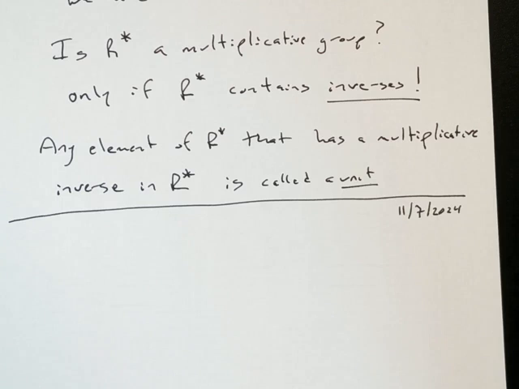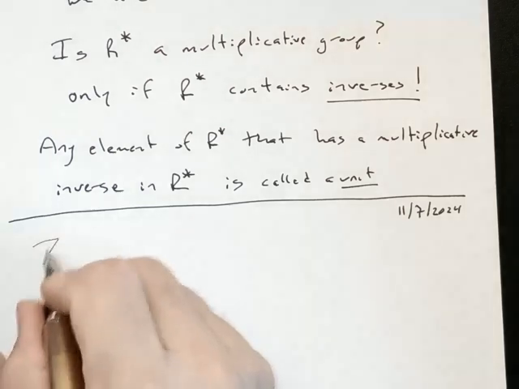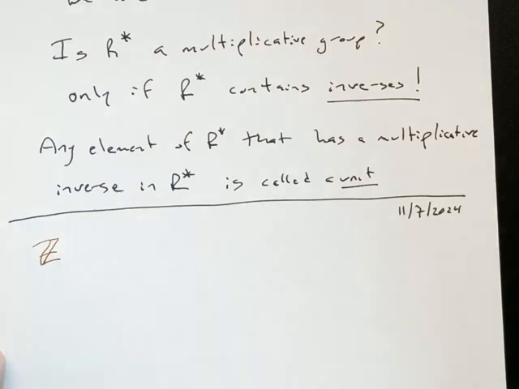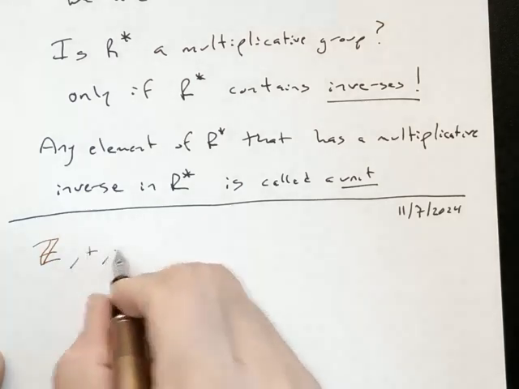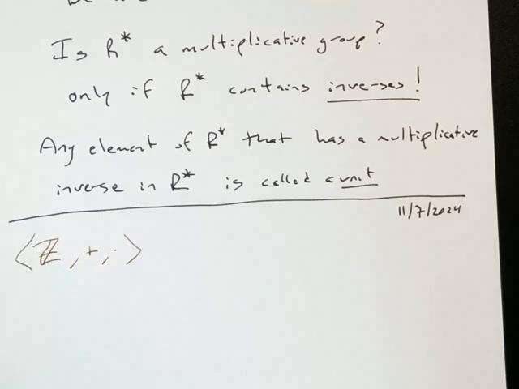some rings have lots of units. Some rings have very few units. For a moment, let's go back and consider the ring of the integers. Standard addition, standard multiplication as a ring.